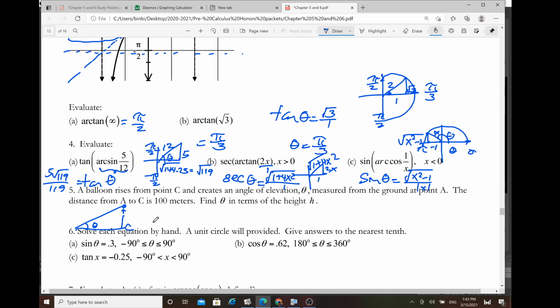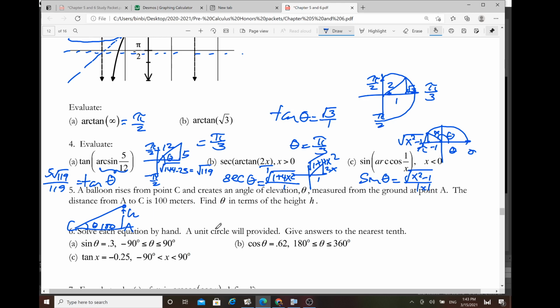So it rises up from point C and creates the angle of elevation theta, measured from the ground at point A. So point C is actually right here, and point A is off the ground, perpendicular to the base. The distance from A to C is 100 meters. Find theta in terms of the height h.